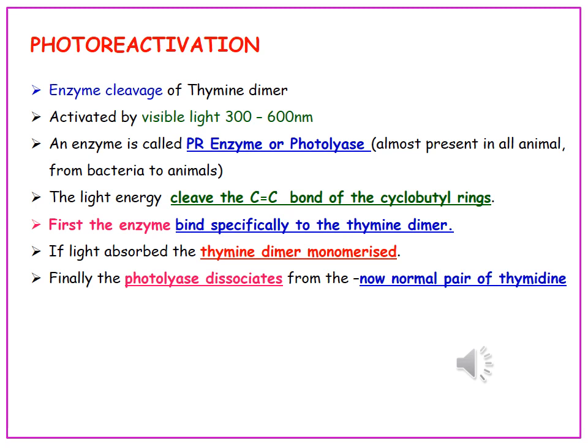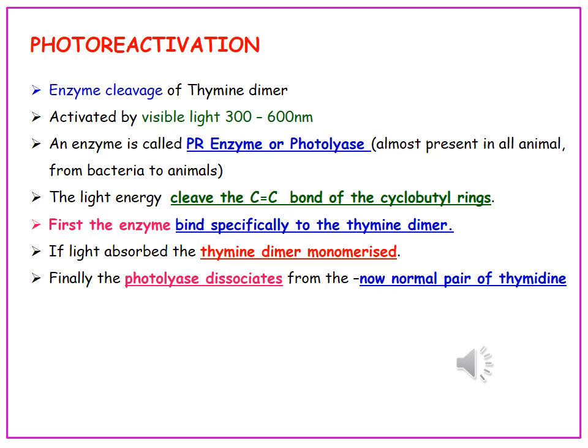First, the enzyme that cleaves the thymine dimer is activated by visible light of approximately 300 to 600 nanometers. The enzyme is called PR enzyme or photolyase. The light energy cleaves the C=C bonds of the cyclobutyl ring. The enzyme first binds specifically to the thymine dimer.